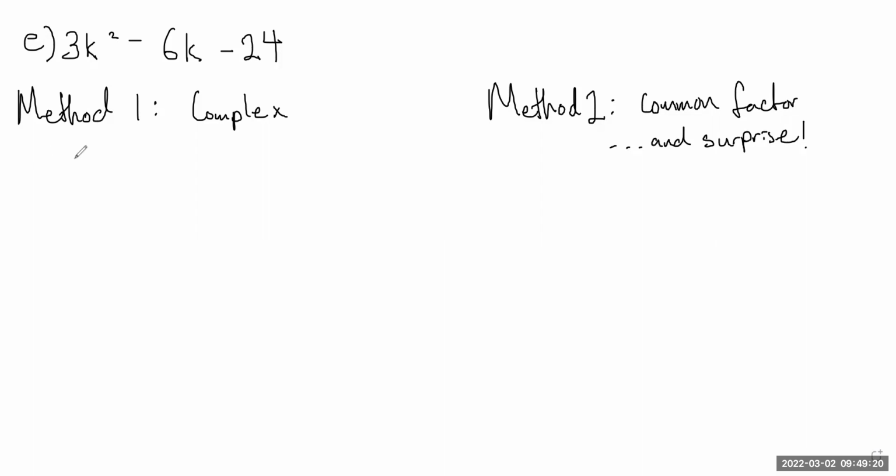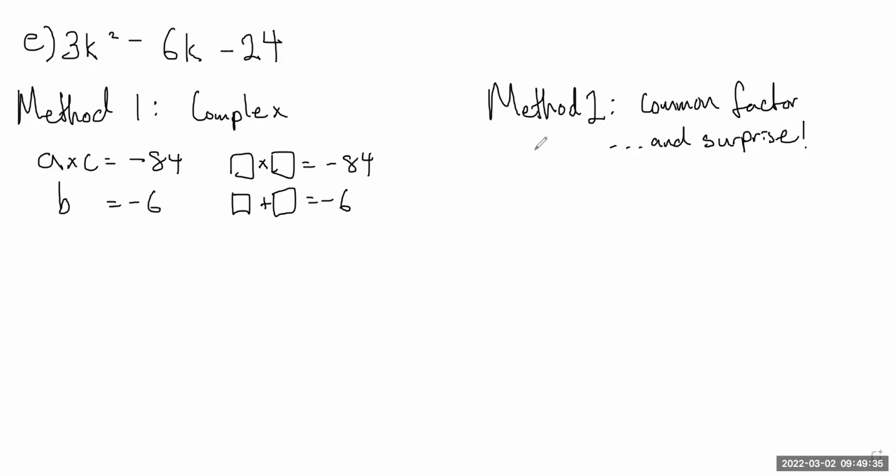So A times C is -84 and B is -6. I need 2 numbers that multiply to -84, but still add to -6.